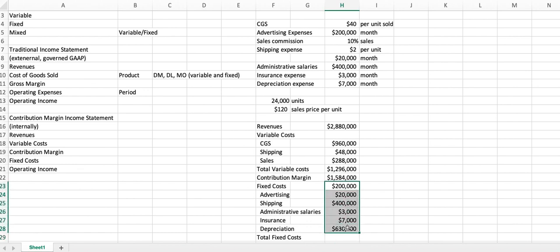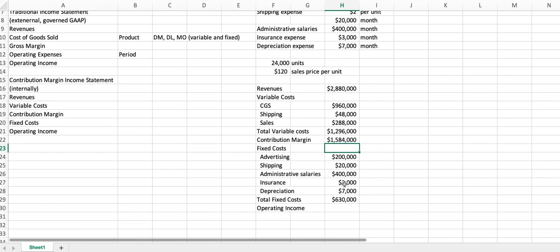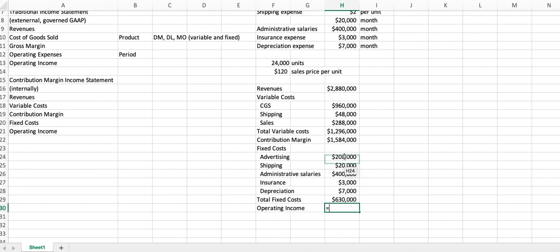Oh, you know what? This is all off because I've moved that down. So fix that. Okay, then I've got my fixed cost, my total fixed cost. And so I've got contribution margin minus fixed cost is my operating income.